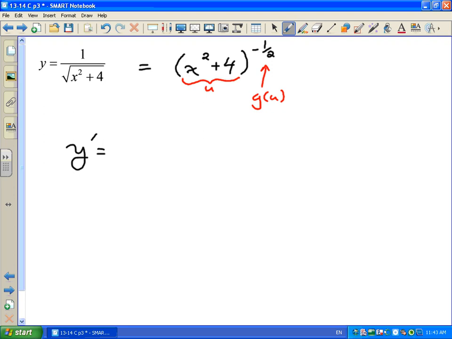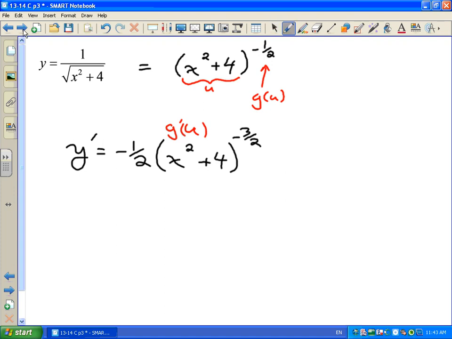So I've got an exponent up here. I'm going to take the derivative of it. I'm going to bring the exponent down out in front, negative 1/2. I'm going to keep what's inside the brackets the same, and I'm going to subtract 1 from my exponent. So I've taken that derivative of g just like I would anywhere using that power law. So this whole thing right here is g primed at u.